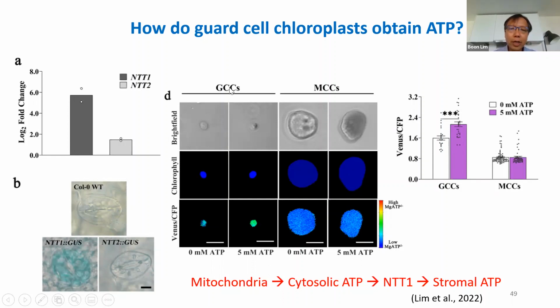And then we isolated guard cell chloroplasts and added ATP, and we can see that ATP can get into the guard cell chloroplast and increase the sensor signal, whereas for the mesophyll chloroplast, there's no increase. So in guard cells, mitochondria generate cytosolic ATP, and then through NTT1, ATP is imported into the stroma of the guard cell.